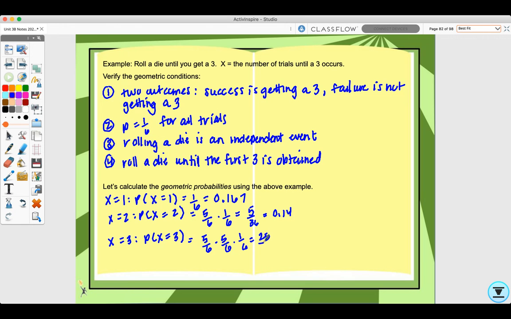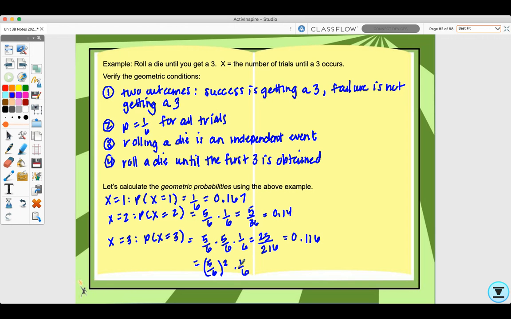That would be 25 over 216, which equals 0.116. And if you look at this, this can also be written as 5/6 squared times 1/6.